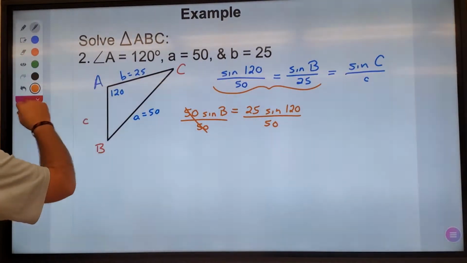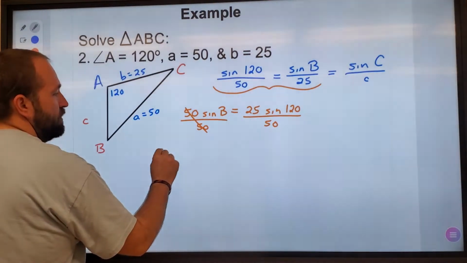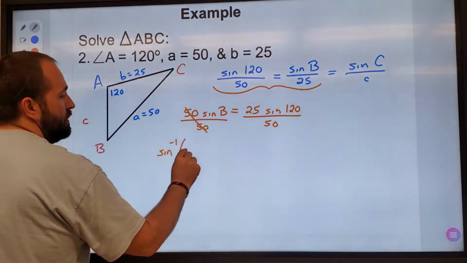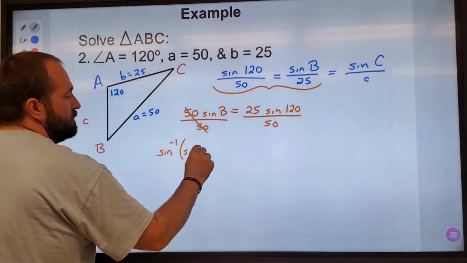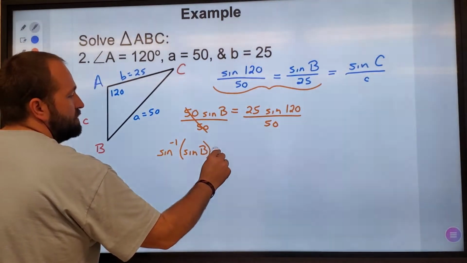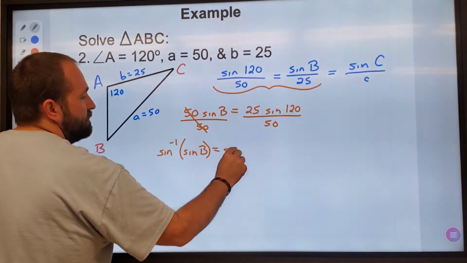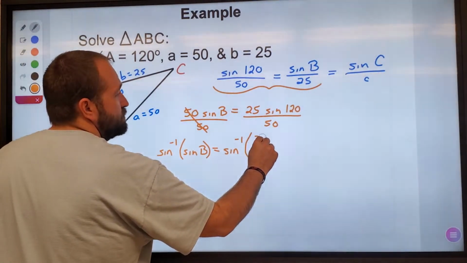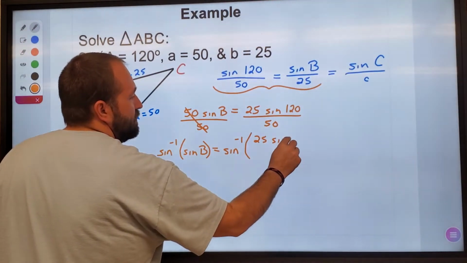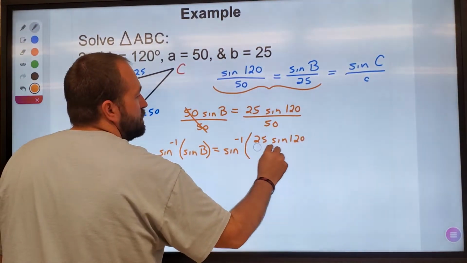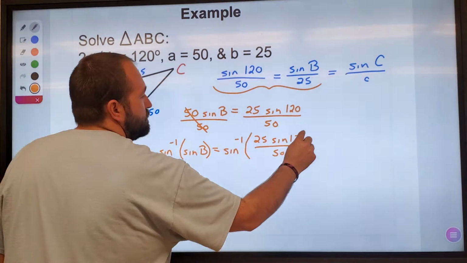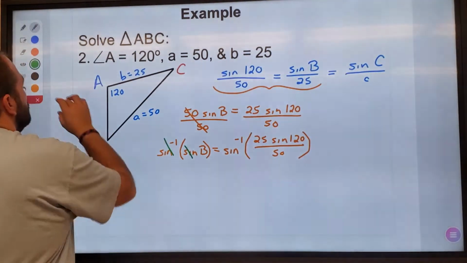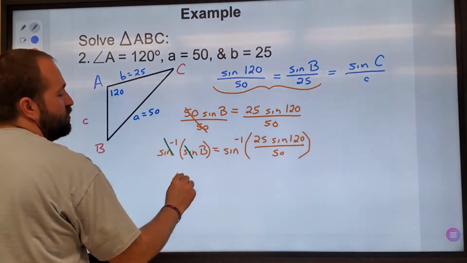So I'm going to rewrite this and space it out a little bit more. I have sine inverse of sine of B is equal to the inverse sine of this whole thing, 25 sine of 120 divided by 50. And these are going to cancel, so it leaves me just the angle B.